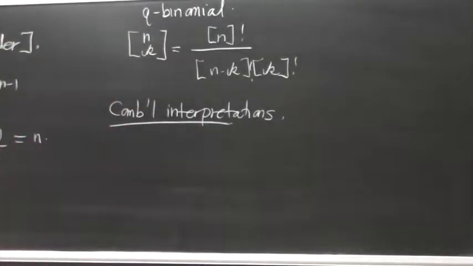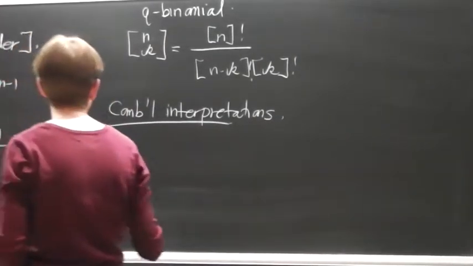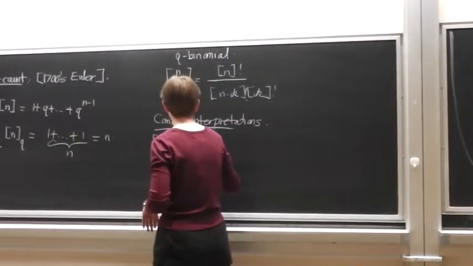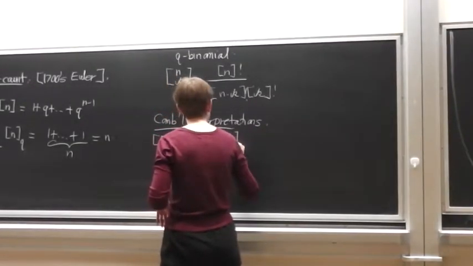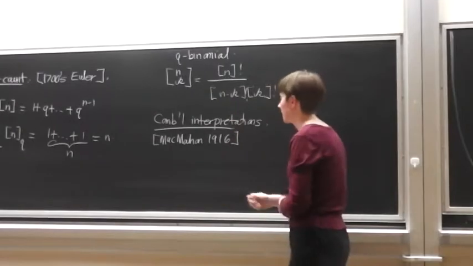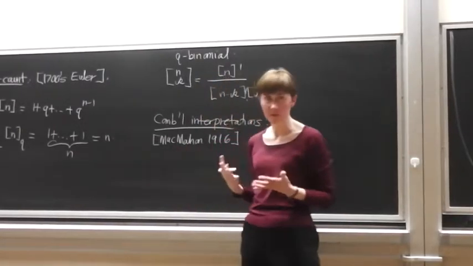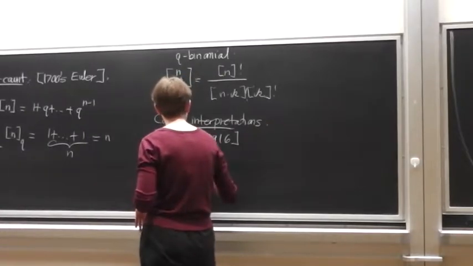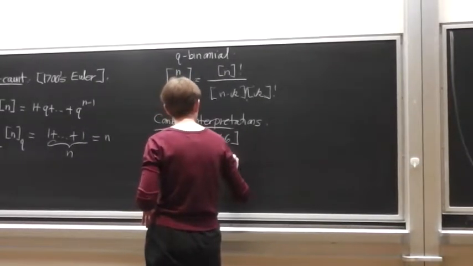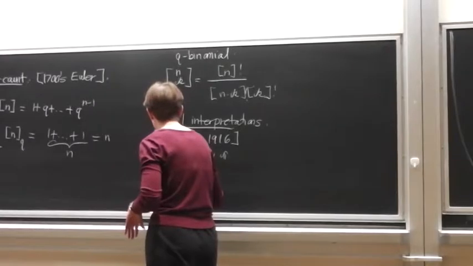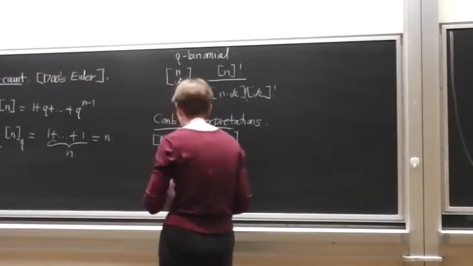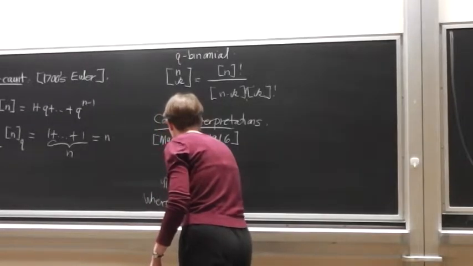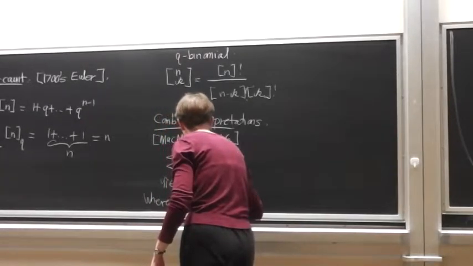These are due to McMahon, at least you can find it in McMahon's papers, 1916. It could be older. It says the following: let's start keeping track of more structure with permutations. Let's keep track of the number of inversions in a permutation pi, written in one-line notation.